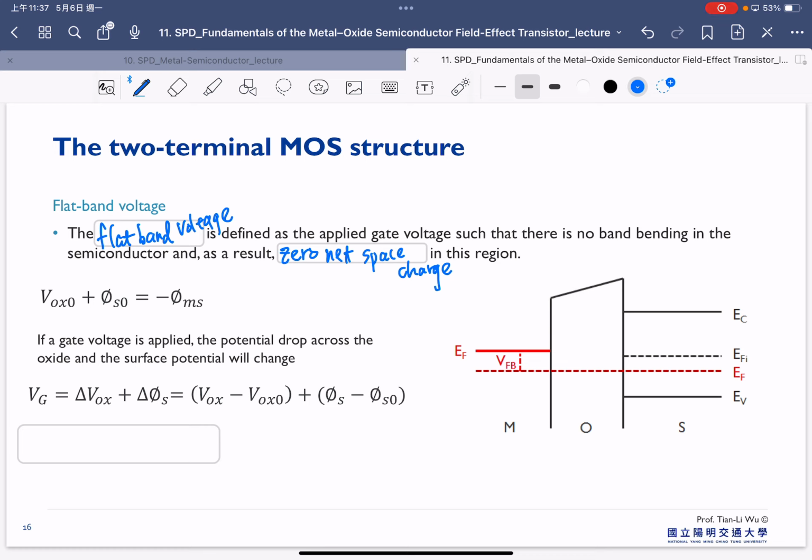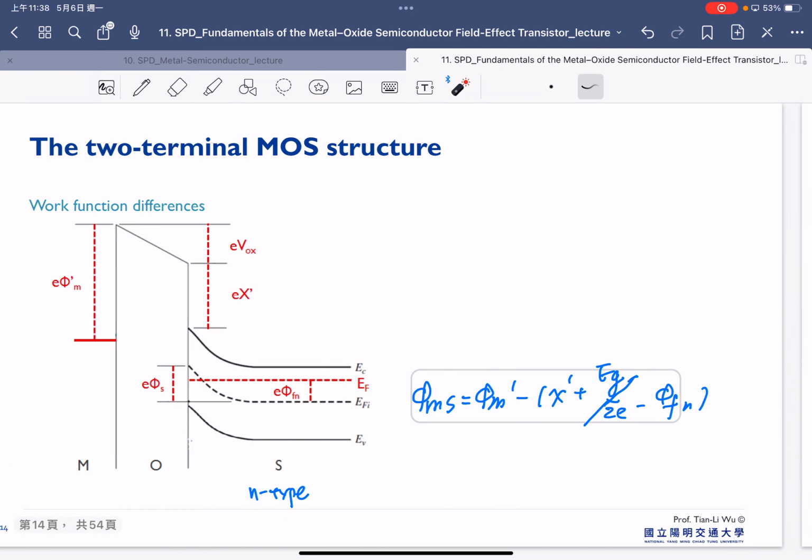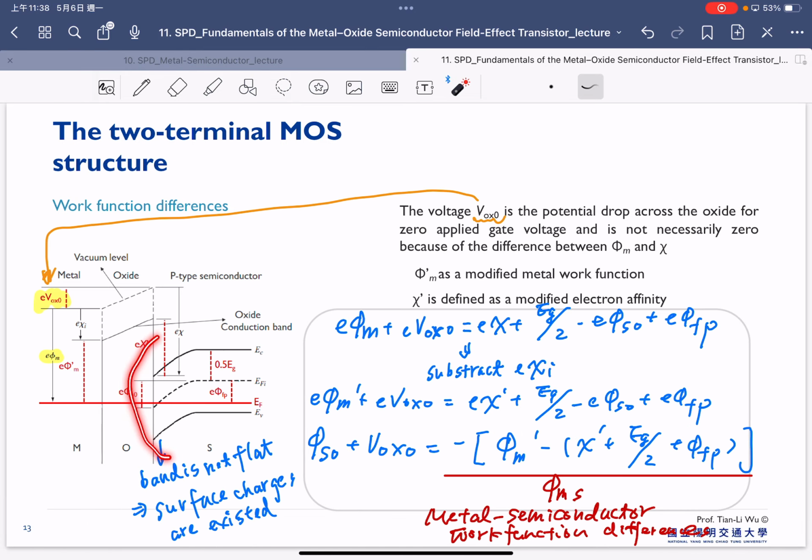So in the beginning, I already mentioned that there is a condition that we call the flat band, in the beginning of the slide. But in here, we finally have a more accurate method to estimate the flat band voltage. So as you know, when we calculate phi MS, we already understand that even when there's no bias, because of the metal-semiconductor work function difference, there is a band bending, as shown here.